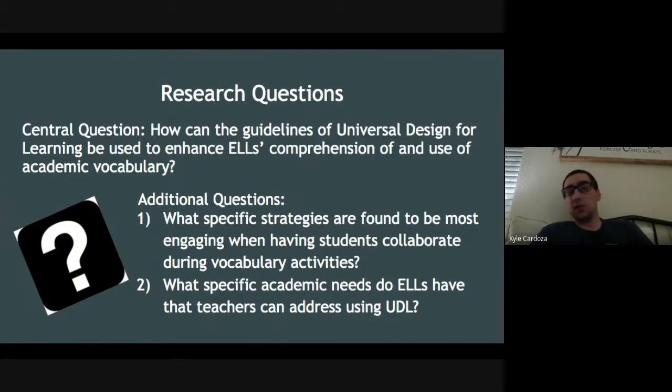And in my research, I definitely explain the differences between the two. But not only that, do the students think that it is more engaging? Did they find themselves participating more in these lessons or in these activities if they were placed in groups or in partners or even in a whole class discussion?